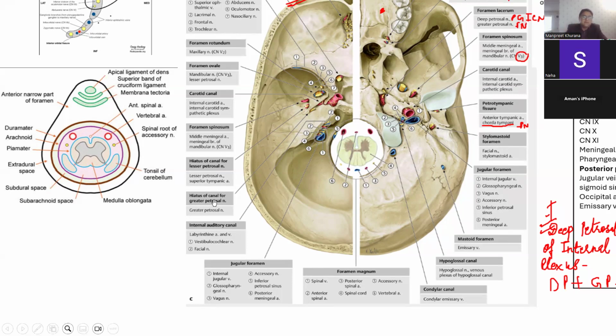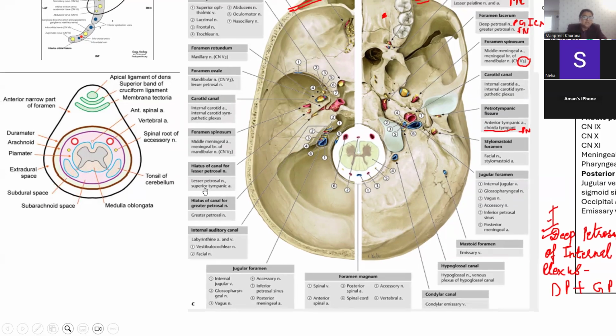And if you see, this is the hiatus, and it is located very close to the facial nerve, where it is entering the internal auditory canal, right? So this is very close. So one of the branches, this is the hiatus for greater petrosal nerve. And we'll read in detail what their supply is, how they are related to the secretomotor pathways, the parotid gland and other glands. So we'll see them.